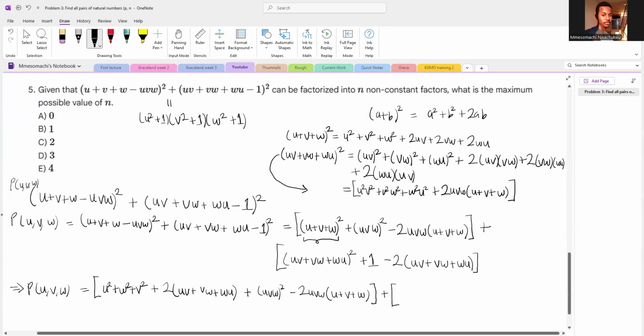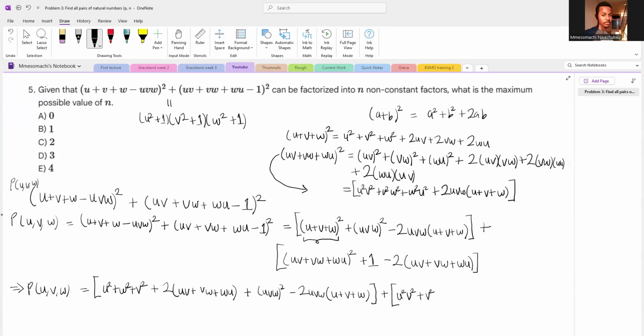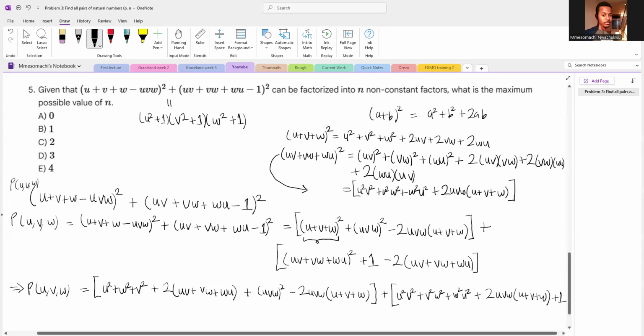Plus, this term here becomes U squared V squared plus V squared W squared plus W squared U squared, plus 2UVW into (U plus V plus W), and then plus 1, and then minus 2 into (UV plus VW plus WU).